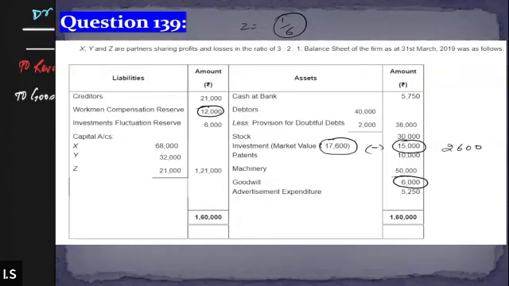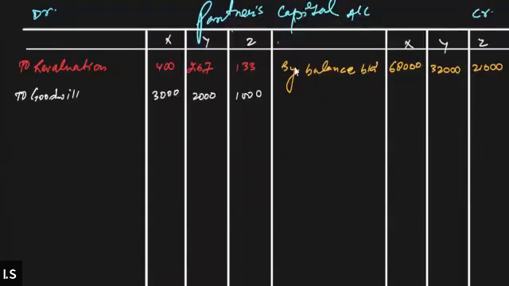So how are we going to deal with that? We'll go to the partners capital account, and write down by workman compensation reserve. I'm using the short form since I don't have space available. Workman compensation reserve, and let's just find out the share. 11,250, right? We need to distribute it in 3:2:1. So that means 3/6, 2/6.